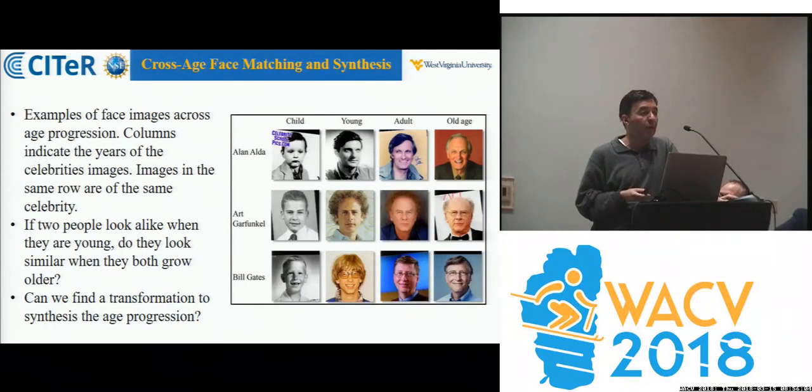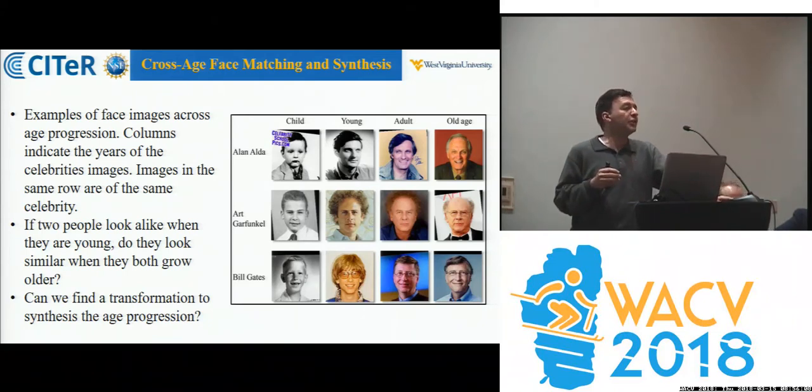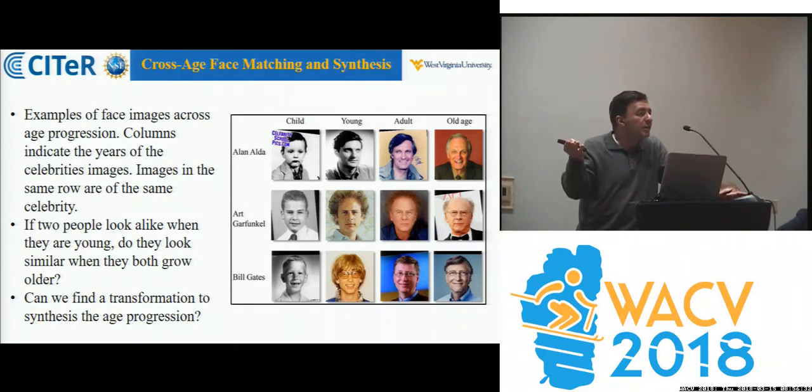I will also show you some results on that, how to match sketch versus visible imagery. Another problem is cross-age matching. Of course, this is not heterogeneous; we're still working on a homogeneous modality. Given somebody at 5 years old, can you recognize this individual at an older age, 10 years old, and so on? This is very important for Homeland Security because children are adopted or go missing, and they appear in 10 years, 15 years.